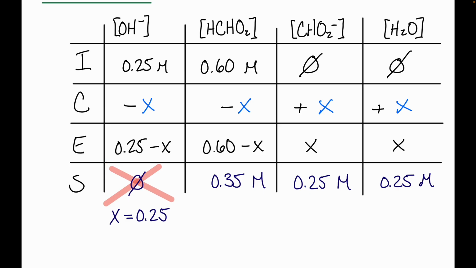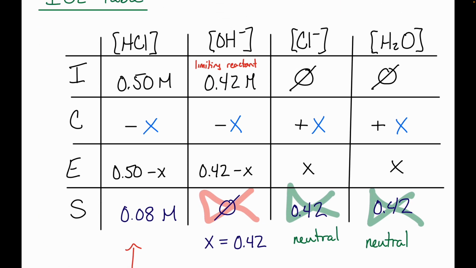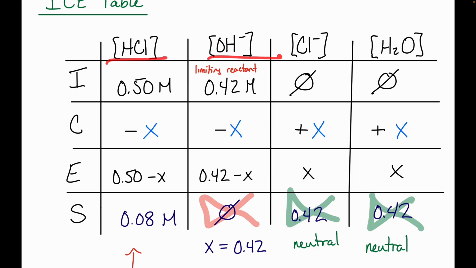If I'm talking about my pH, what else do I not care about up here? The water. Because again, water is neutral. All right? Am I allowed to ignore my conjugate base? Okay, so be careful. We were able to do that last time because both my acid and my base were strong, meaning that their conjugates were both neutral.